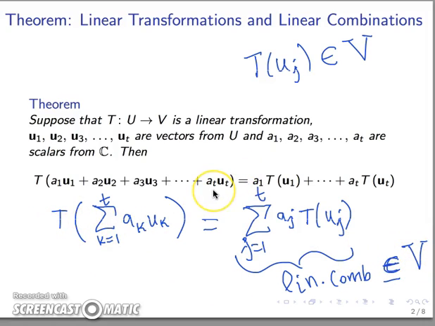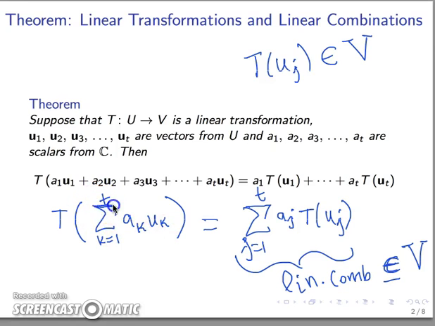So this is a natural extension of the definition of linearity. Linearity requires addition and scalar multiplication, and we know that a linear combination involves both of these things at the same time, and this is a very neat way of addressing both. You may wonder, why did I change the indices? It doesn't matter.